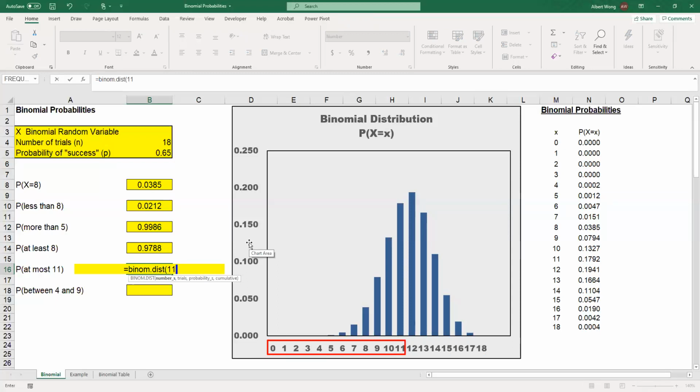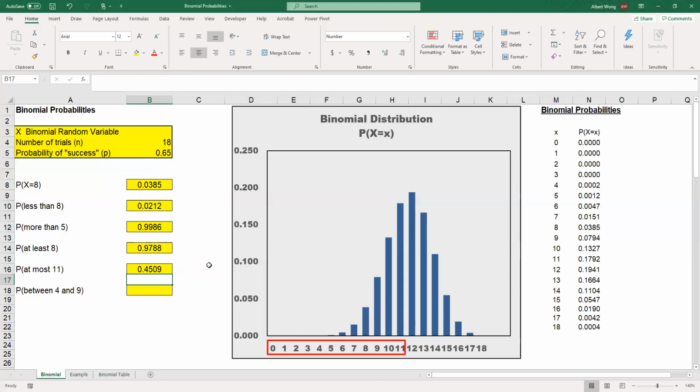So with the exception of the first case, it's very likely that when we do these calculations the last parameter is always 2, right? And so the probability is equal to 0.4594509. And if you look at the graph, it looks about right to us, right? It's probably half of the probabilities in the probability distribution.